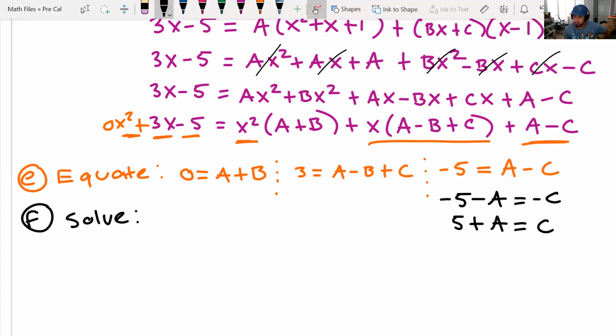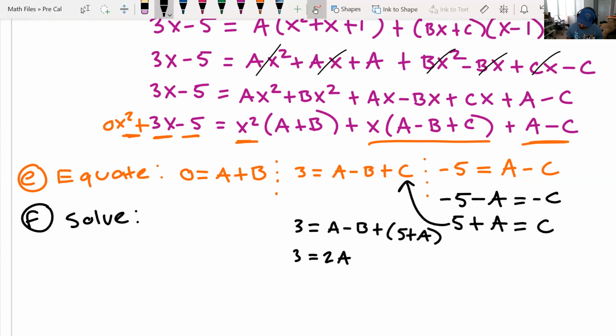So that's rearranged, and now I'm going to plug this into the second equation, which means we get 3 equals a minus b plus the new c value of 5 plus a. So 3 equals, and this a and that a make 2a, then minus b plus 5.